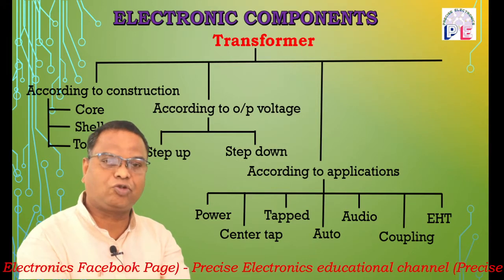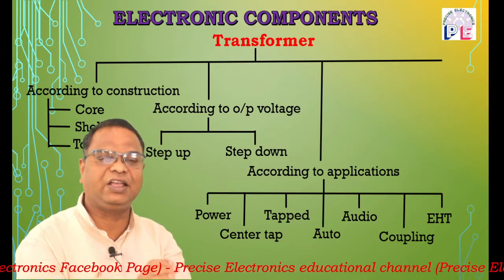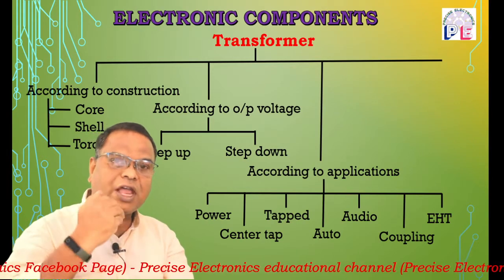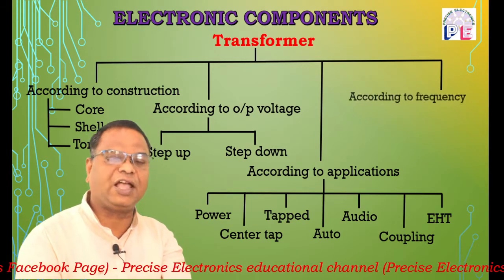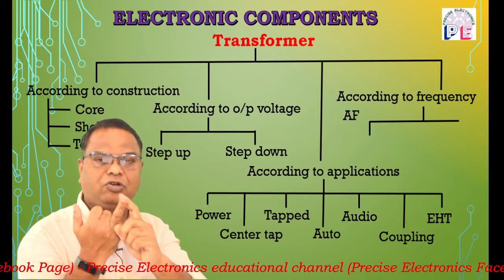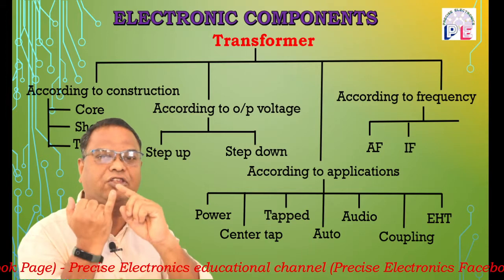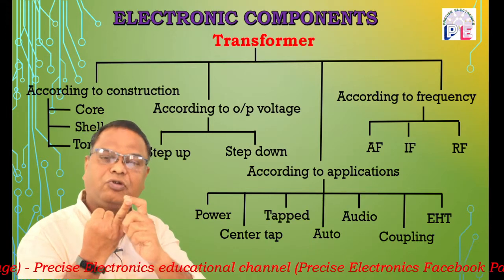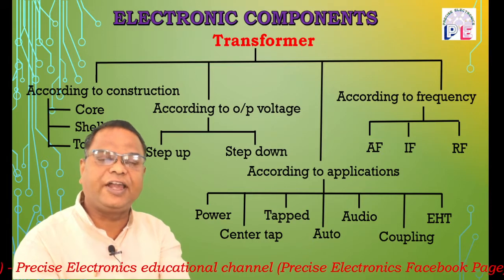So these are the types of transformer according to their applications, according to their use. Now according to the frequency, the types of transformers are AF transformer, IF transformer, and RF transformer, that is audio frequency transformer, intermediate frequency transformer, and radio frequency transformer.